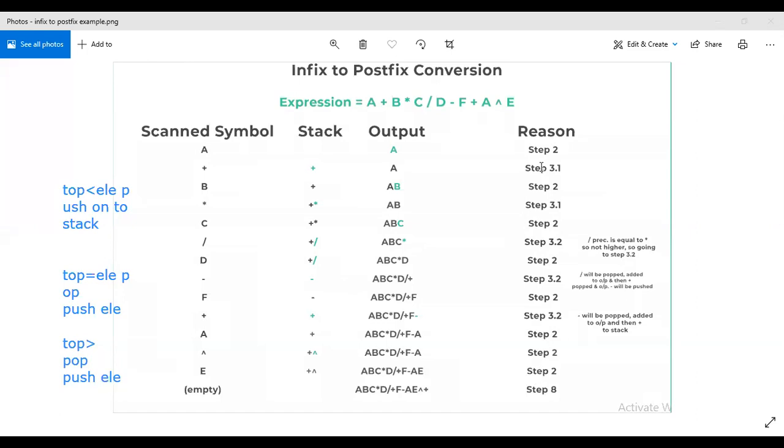So step 2 tells what to do whenever an operand is encountered. Step 3 tells what to do whenever an operator is encountered. In step 3, there are again two points, 3.1 and 3.2. Whenever the precedence of the top of the stack is less than the element which I scanned, I will use step 3.1.